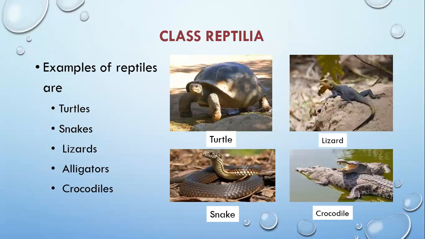This is the class Reptilia. From the class name, you can tell that the organisms are reptiles. Examples of reptiles in this class are turtles, snakes, lizards, alligators, crocodiles, etc. These are just a few examples of reptiles.